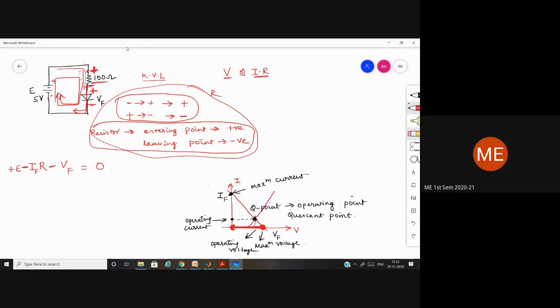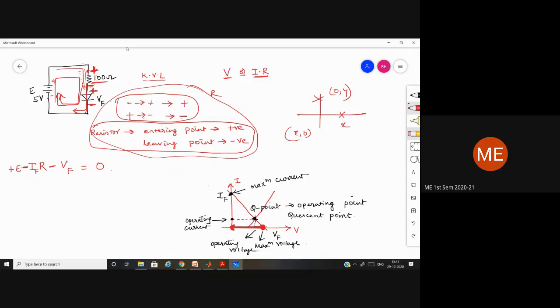0, no. Coordinate geometry. If you have a point along x-axis, what will be its y? 0, sir. x comma 0. If you have a point along y, then what is its x coordinate? 0, y. The same thing is here also.